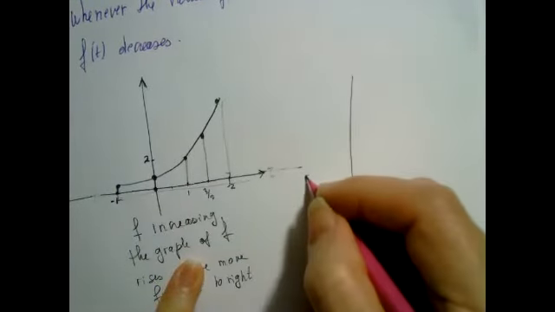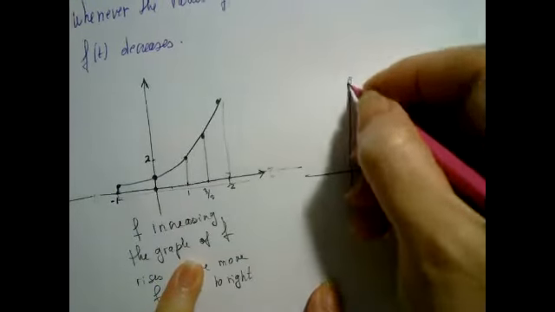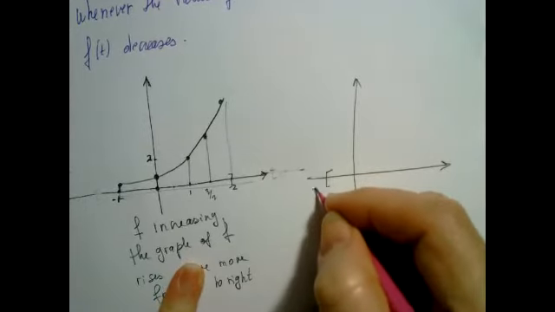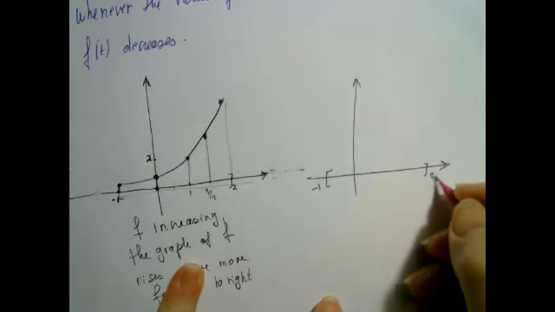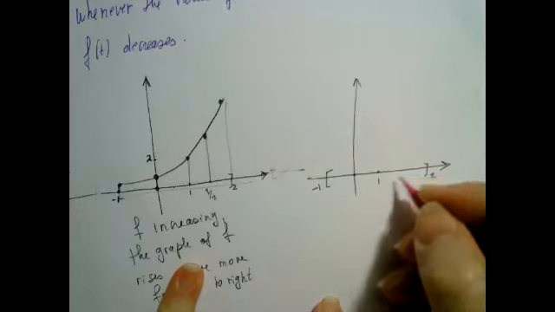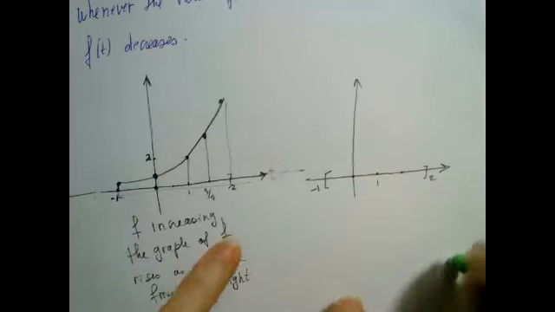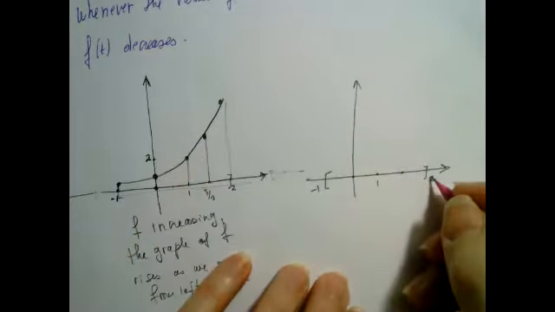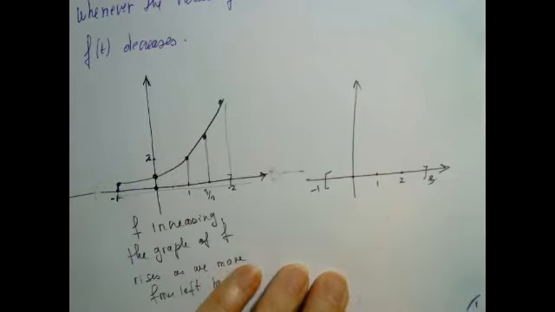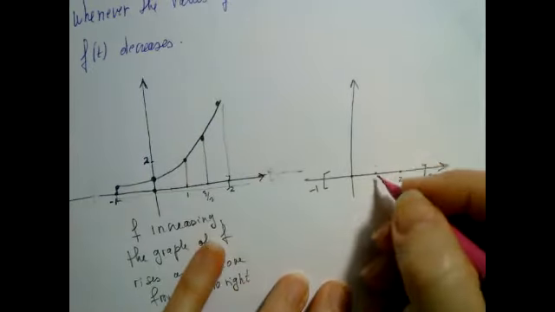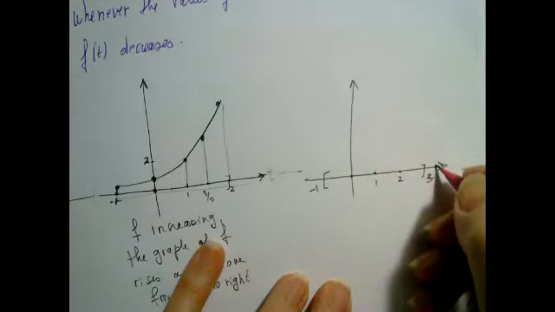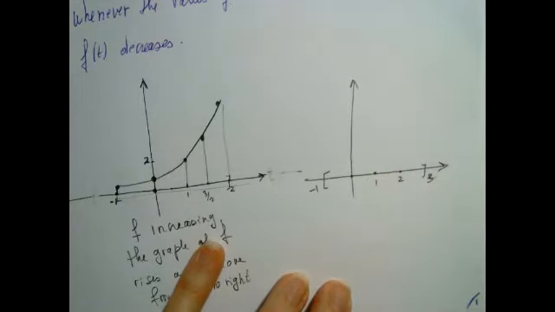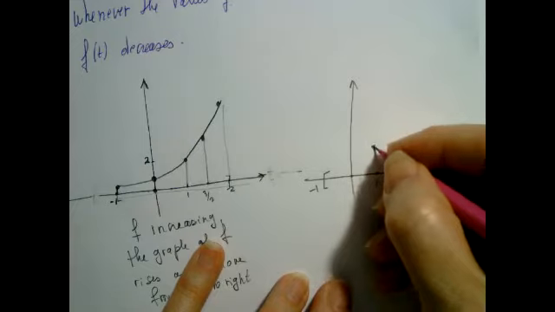Now, what does it mean to be decreasing? Decreasing means that when the input increases, the output decreases. Suppose this is my function defined between -1 and 2, and I'm just going to pick some values here. What does it mean to decrease? It means as the input gets larger, the output gets smaller.